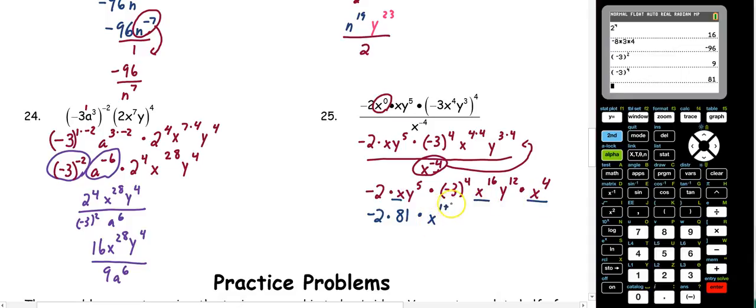So that gets us x to the 1 plus 16 plus 4. And our y's, we have a y to the 5th and a y to the 12th. So I'm going to simplify this. So 2 times 81 is -162. Add this together, I get x to the 21st and y to the 17th.